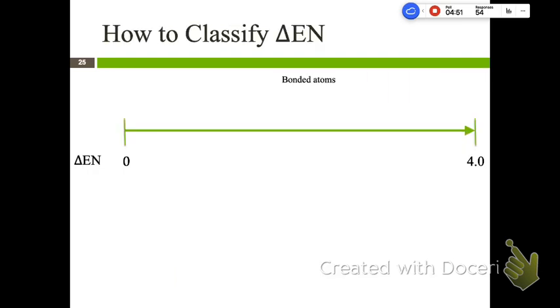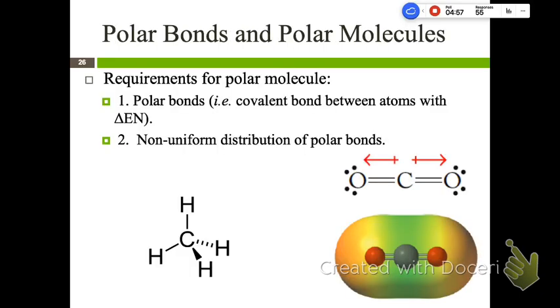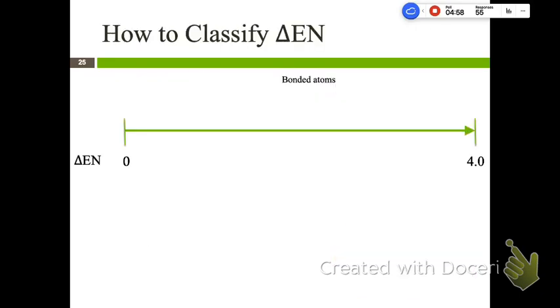So the last thing I want to do here is up to 0.4 on the number line. We call that nonpolar, right? Up to 1.9, we call this range in here polar.